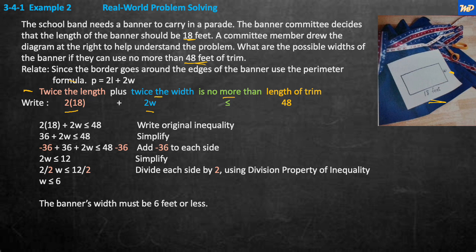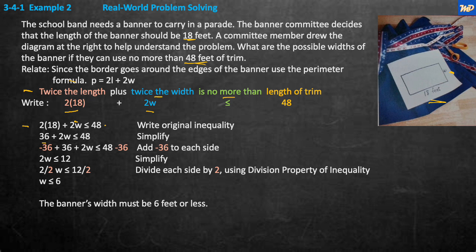Okay, so there's our equation. I'm going to write the equation now. 2 times 18 plus 2W right here is less than or equal to 48. So we're going to simplify that. 2 times 18 is 36 plus 2W is less than or equal to 48. Now we have to move the 36 to the other side, right?